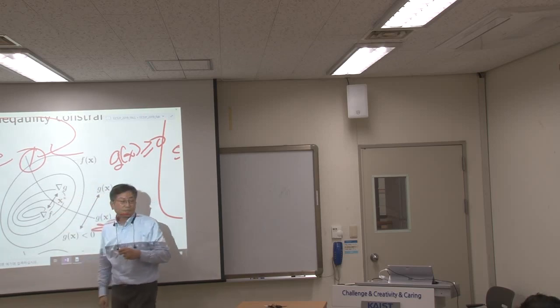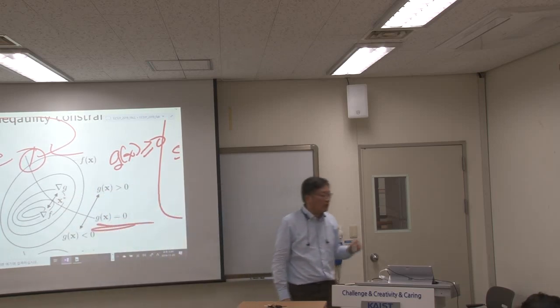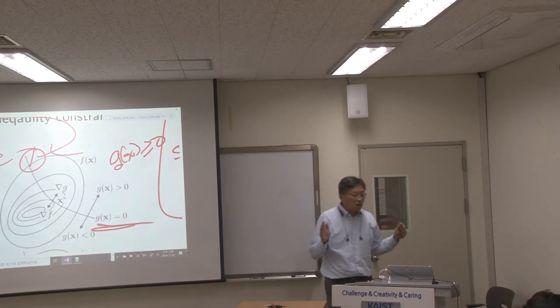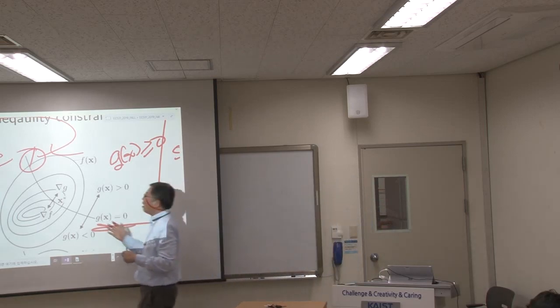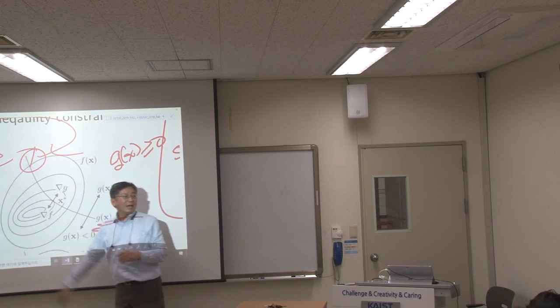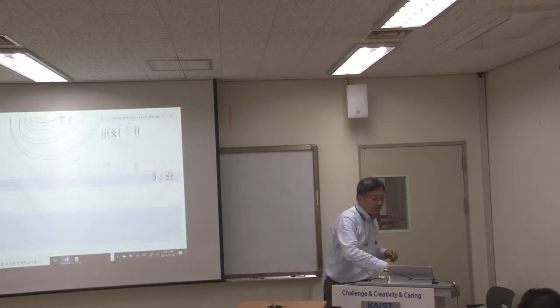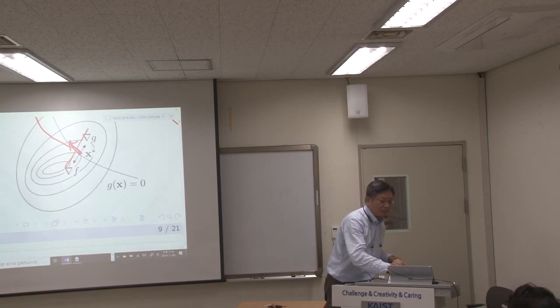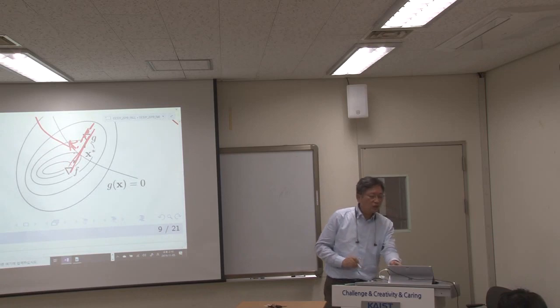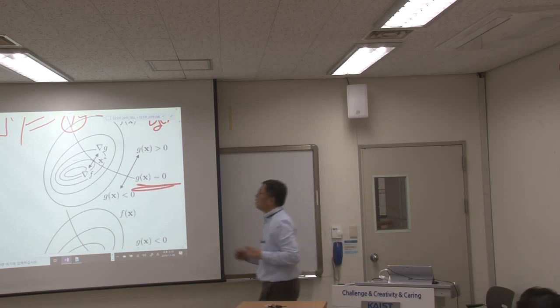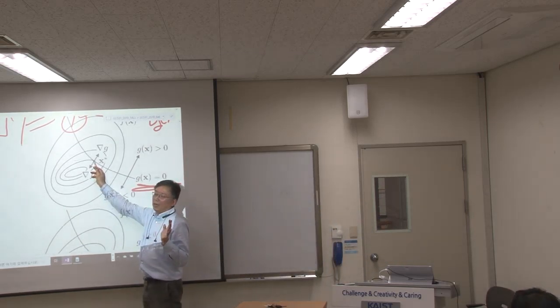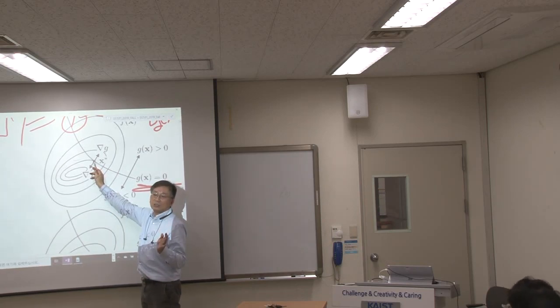Now, the important thing is that the gradient of f and the gradient of g are in alignment, like in this case. They're in alignment, right? The direction of the gradient of g and the gradient of f in this case has to be what? In the opposite direction.